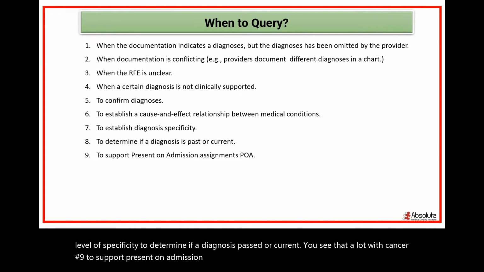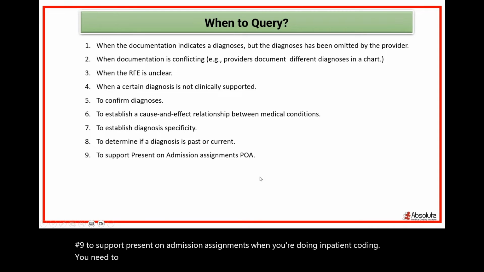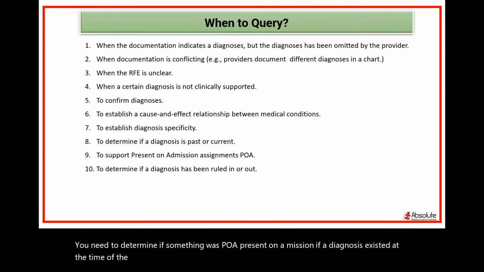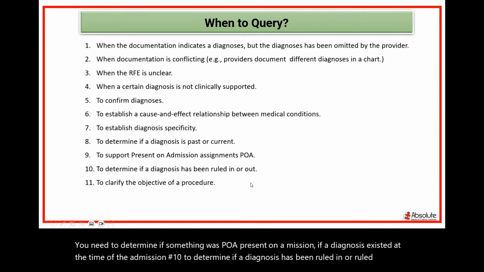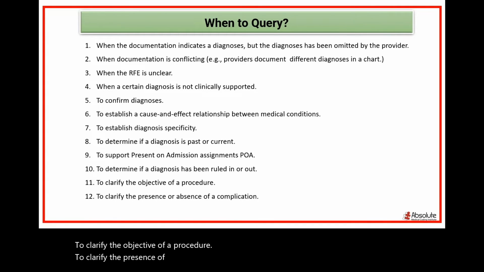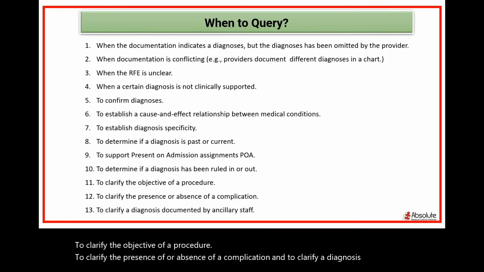When you're doing inpatient coding, you need to determine if something was POA, present on admission, if a diagnosis existed at the time of the admission. Number 10, to determine if a diagnosis has been ruled in or ruled out. To clarify the objective of a procedure. To clarify the presence or absence of a complication, and to clarify a diagnosis documented by ancillary staff.